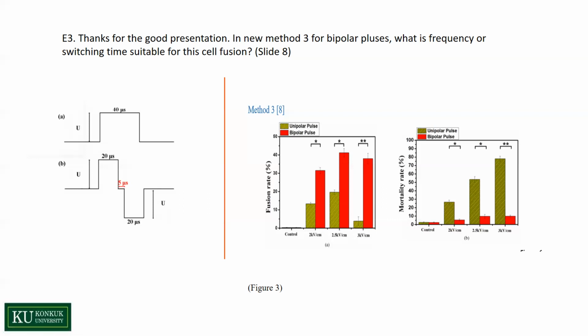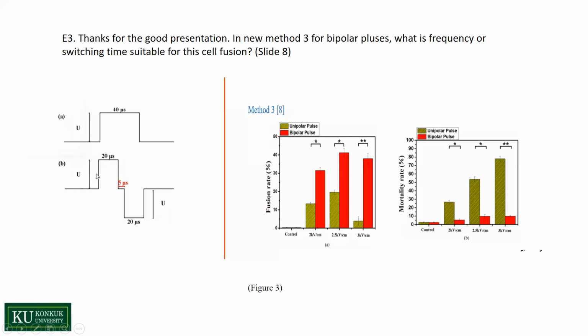So I can easily say that in the case of the unipolar pulse, the period was 40 microseconds, and in the case of the bipolar pulse, the period is approximately the same, but it is divided into two parts, the upper and lower parts. So the two portions include the total period of the bipolar pulse, 20 microseconds and 20 microseconds, and there is a lag of 5 microseconds.